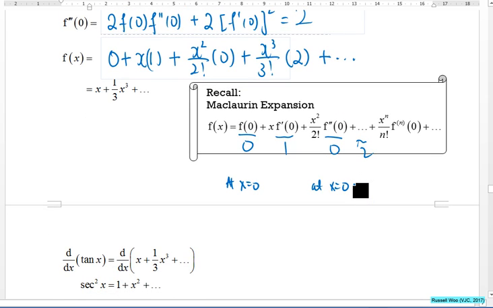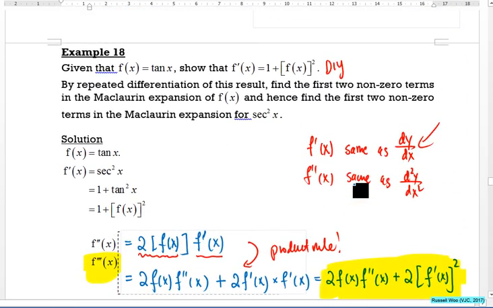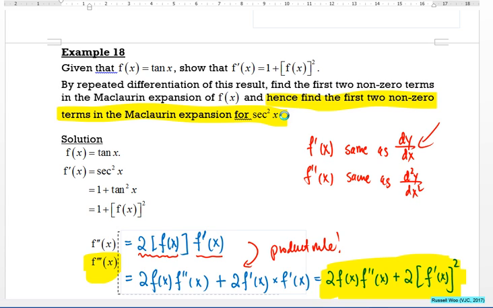Let's look back at the question. The last part of the question requires us to hence find the first two non-zero terms of sec squared x.